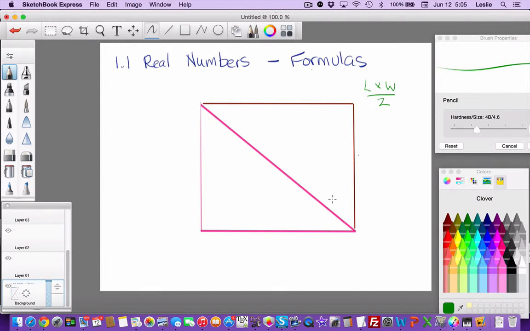Now let's take a look at the other half. The length and width of this rectangle tell us that the area of the entire rectangle is length times width. But I'm not interested in the area of the rectangle, just this half of it that makes up the triangle. The length times the width of the rectangle cut in half gives me the area of just the triangle.